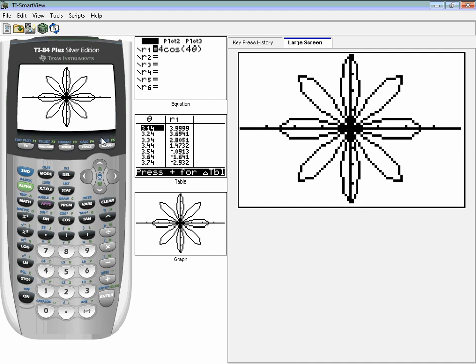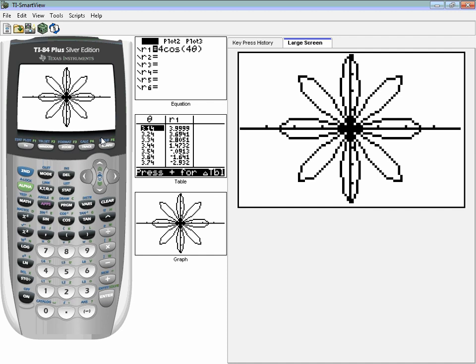It's like a flower made out of something. I broke my calculator, but I think I have a different problem.